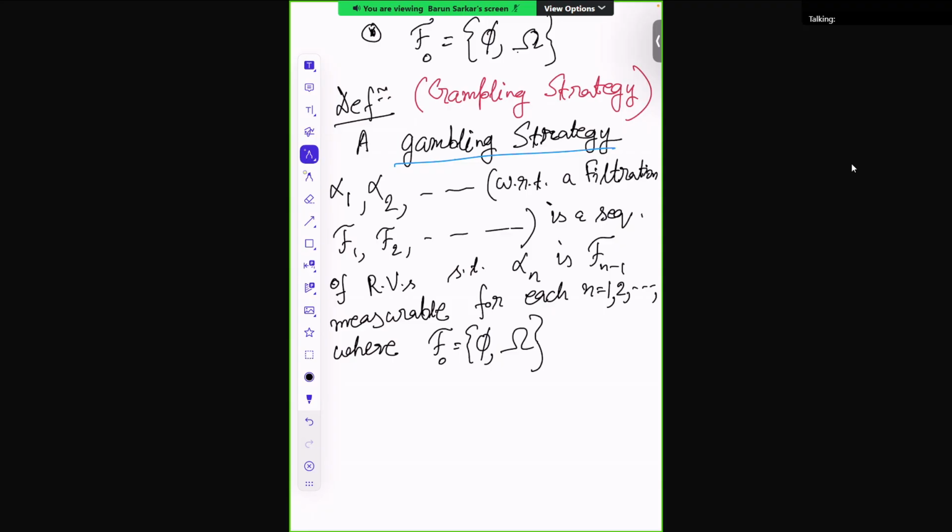So when you model any gambling, this tells how probability models or martingale theory is used for doing this gambling strategy.